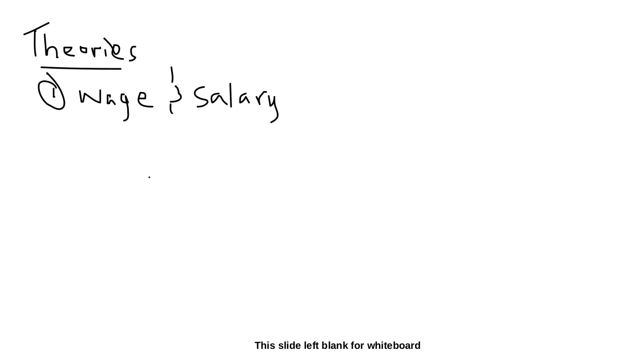Thank you. So when you talk about wages here, it is an important aspect. Wages are not paid on a weekly basis or daily basis. They are not. Wages can be paid up to 10 years.